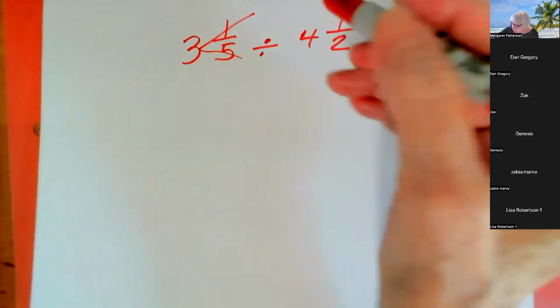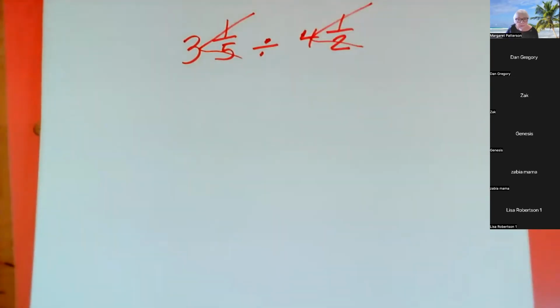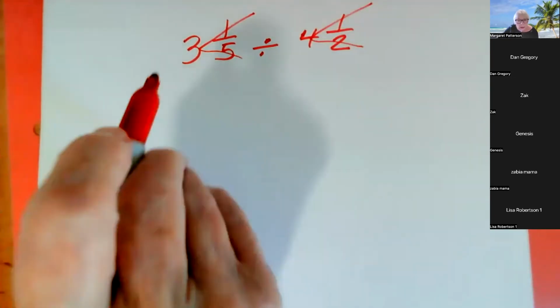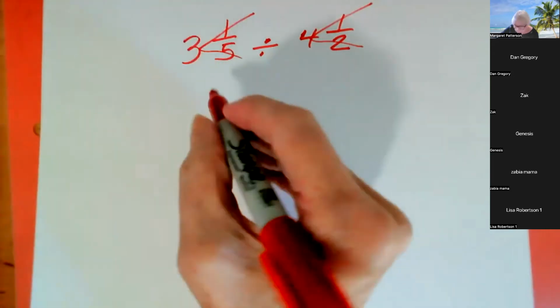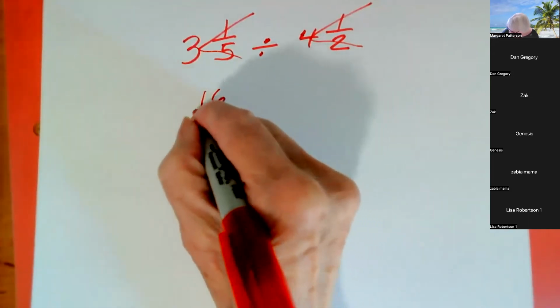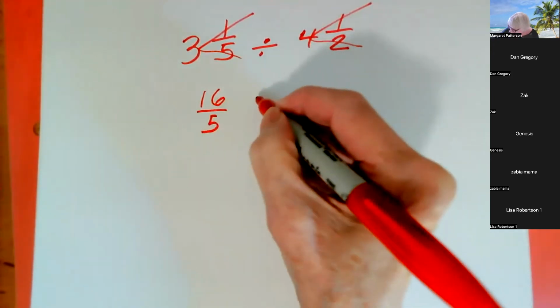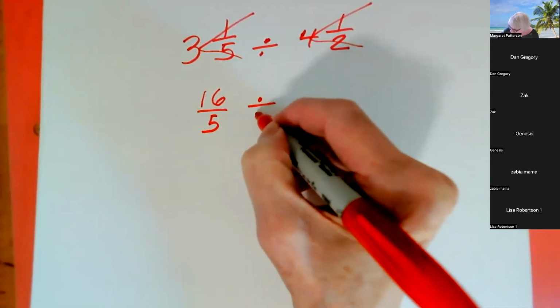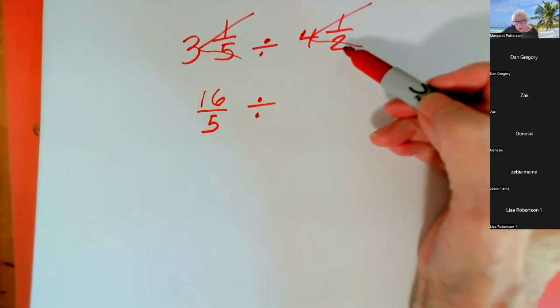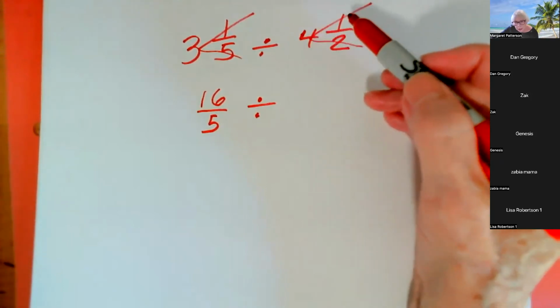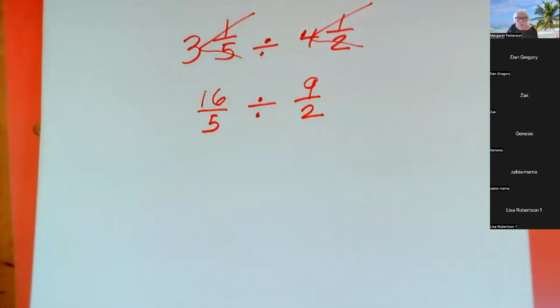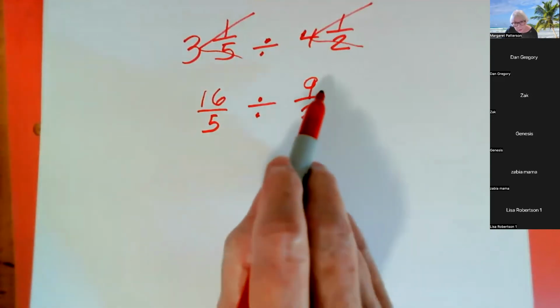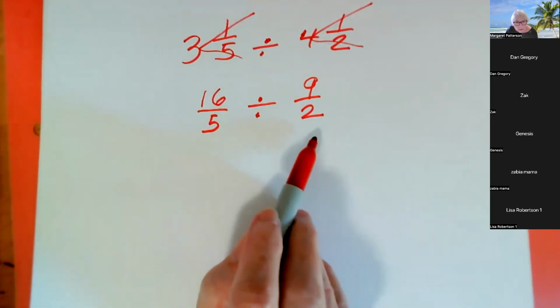And in order to do that, we will do this. 5 times 3 is 15 and 1 is 16/5. I'm going to keep it division until I've got this cleaned up. 2 times 4 is 8 and 1 is 9/2. Well, that's much better, really, because this is a good form to do a calculation.